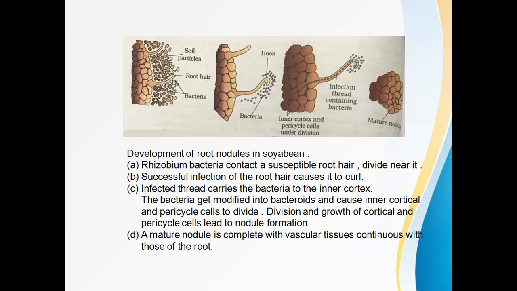So the nodule finally contains all the necessary components for conversion of atmospheric nitrogen to ammonia. Then ammonia can be easily used by the plants.